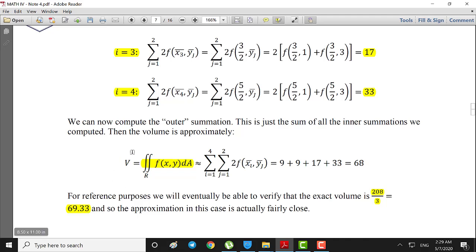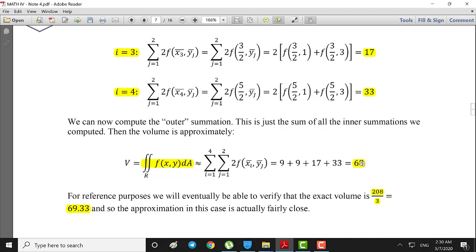So the exact value, as we're going to learn in the future, will be 69.33, and the value of the approximation that we made here using the midpoint rule was 68.